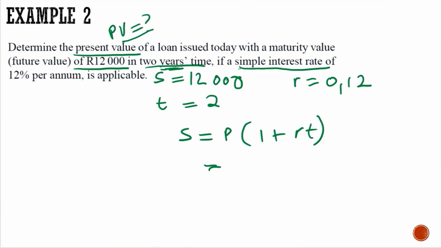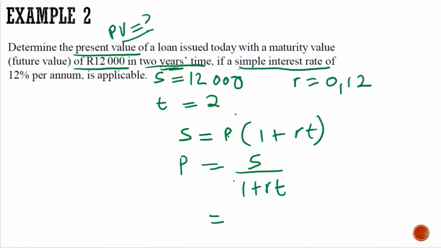It is always advisable to make what you are looking for the subject of the formula. So now we can make P equal to S over 1 plus RT.